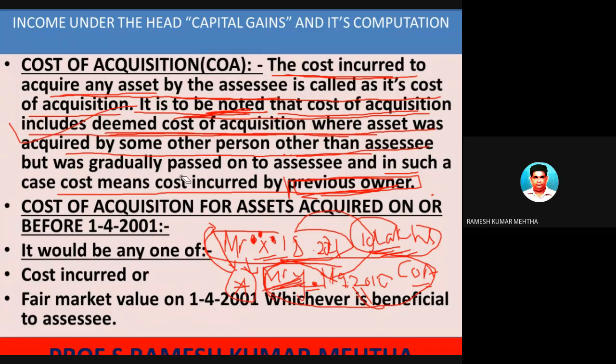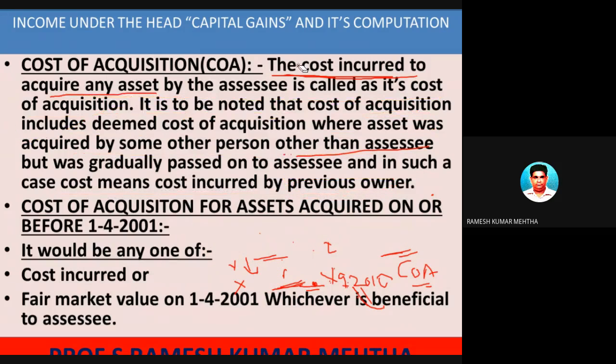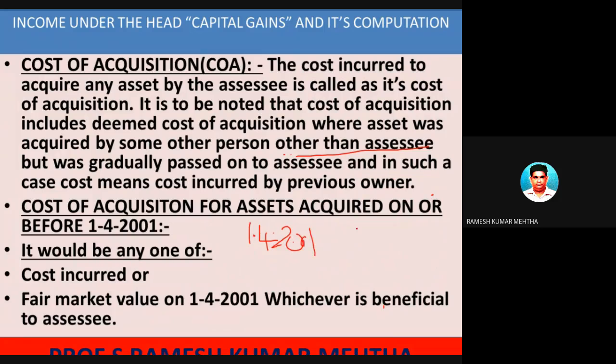Next point is cost of acquisition for assets acquired on or before 1/4/2001. For example, if some asset like land or building is acquired on 1/8/1999.